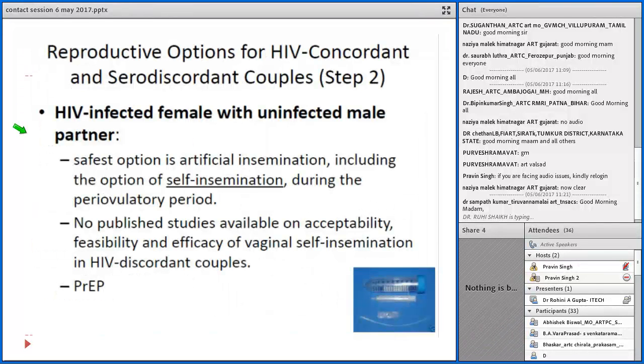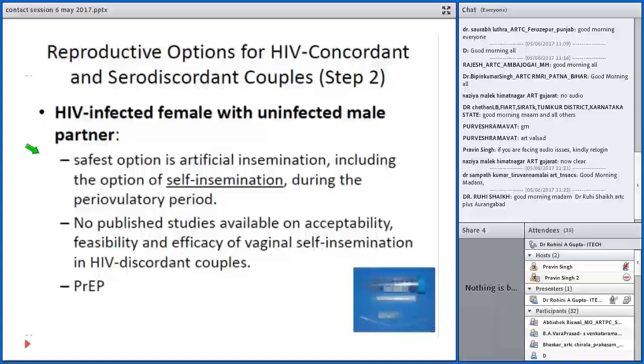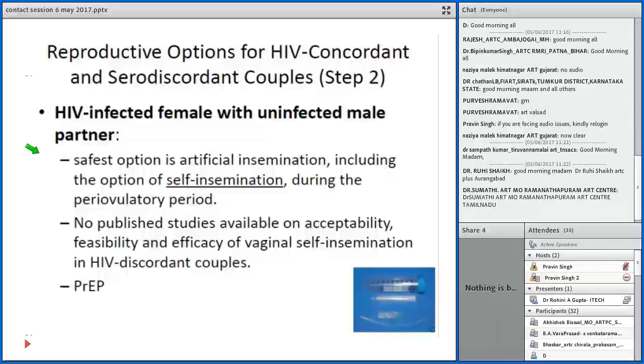The second option is an HIV infected female with an uninfected male partner. The safest option is artificial insemination during the peri-ovulatory period. What has been seen is that the semen, once centrifuged and concentrated, can be inseminated.